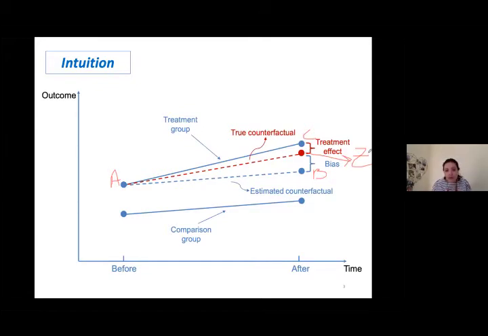So to control for this bias, we need to be sure that our estimated counterfactual is as close as possible to the true counterfactual. And for this, we have to take into consideration observed and unobserved characteristics to be sure that we have good estimates. Okay, so this is the intuition behind the idea of difference in difference.